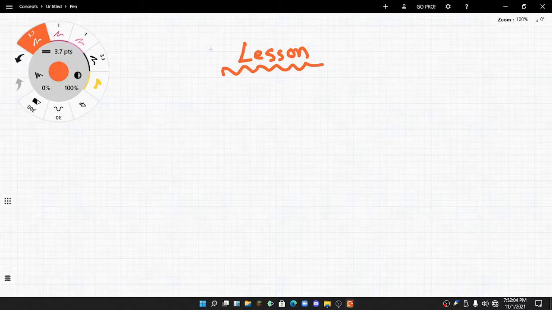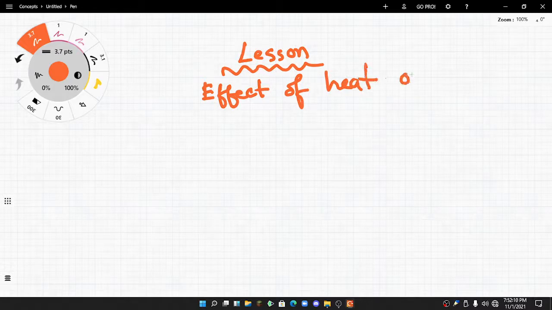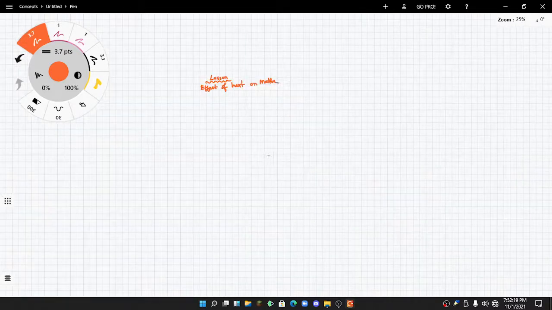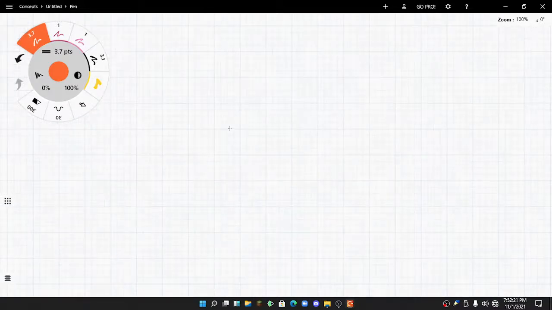Lesson is effect of heat. Effect of heat on matter. So this is our lesson we'll be working on. So let's start it.